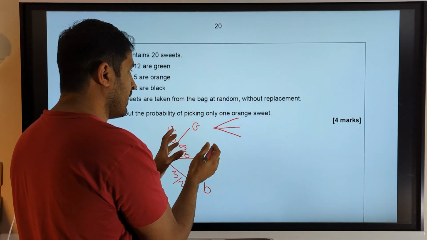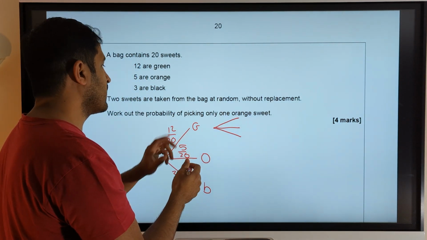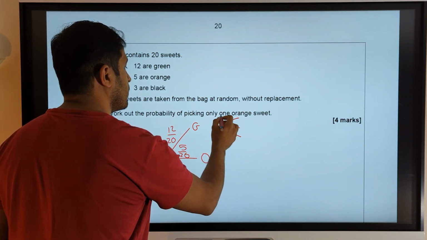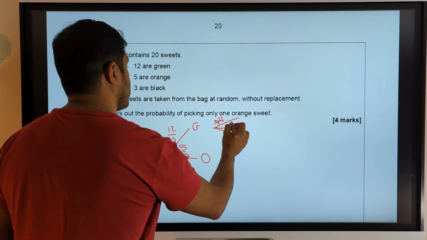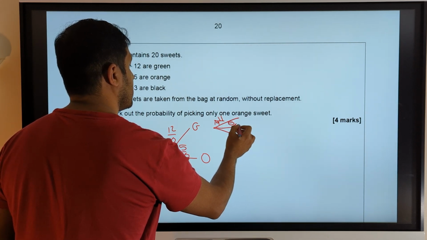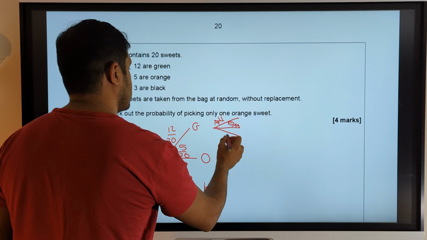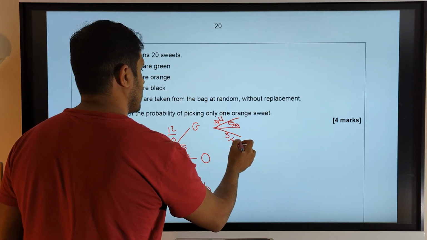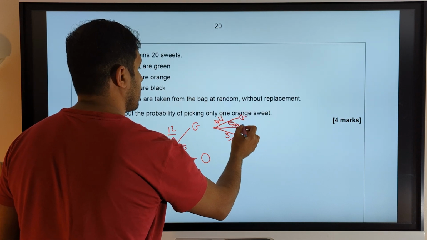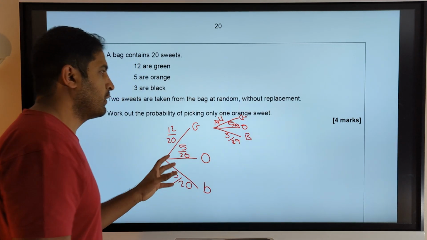Again, it's without replacement, so we're not putting it back in there. So now we'll have 11 green out of 19, and then 5 orange out of 19, and then 3 black out of 19. So the green, orange, and black. So you get the idea.